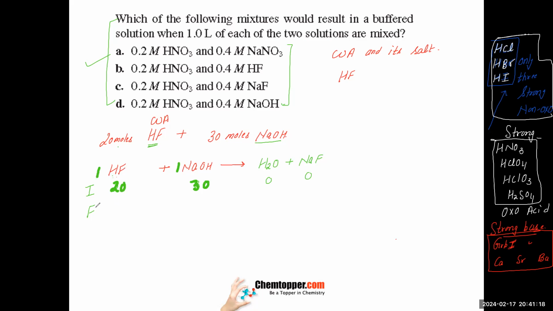So after the reaction, how much HF is left? 0. Very good. How much NaOH? 20 will react with 20. Water, how much water formed? 20 will give you 20.